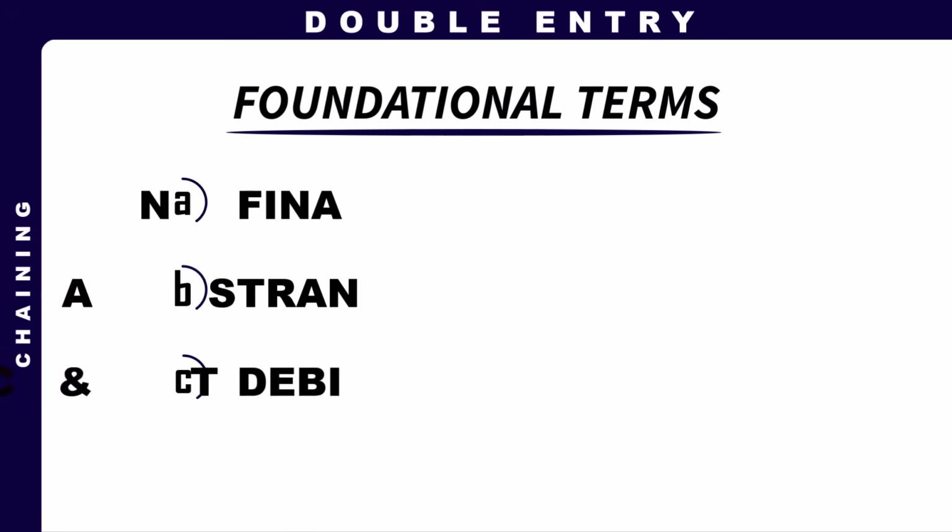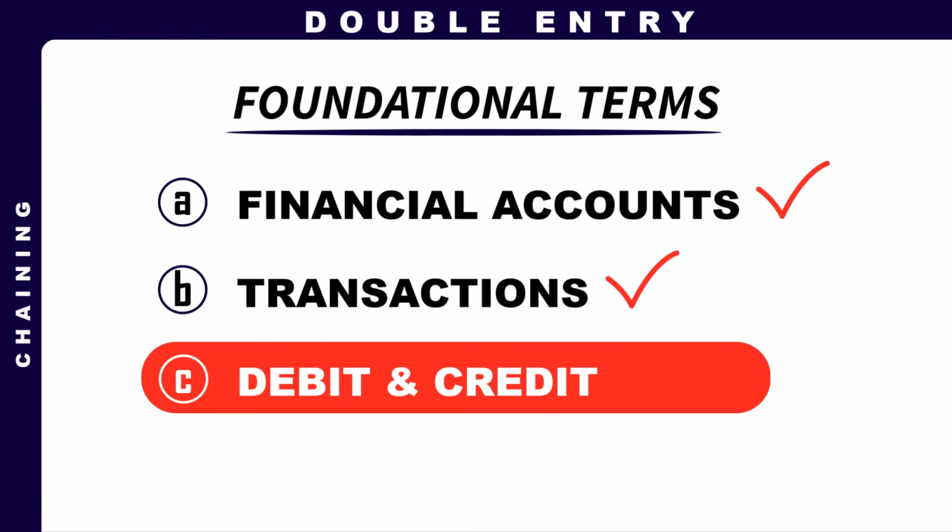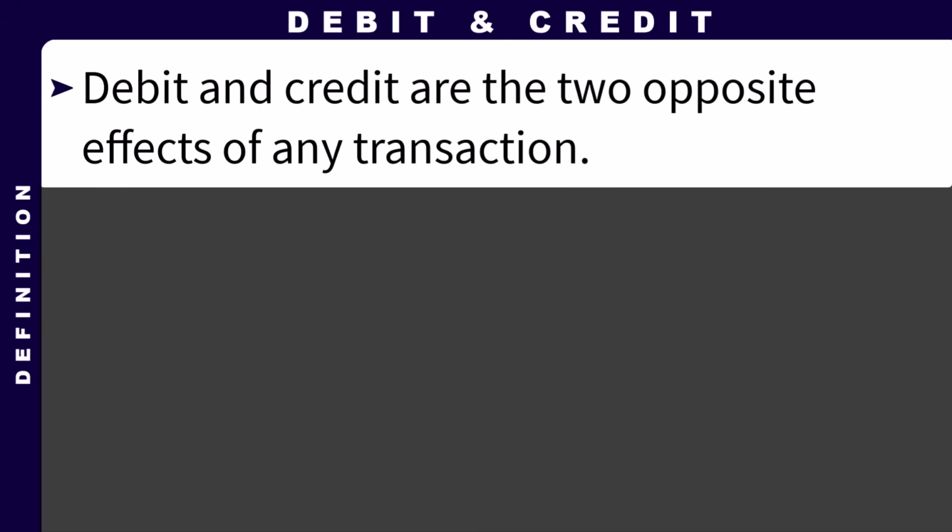We saw fundamental concepts on financial accounts and transactions. Let's now see what debit and credit are and what they are not. Debit and credit are the two opposite effects of any transaction.